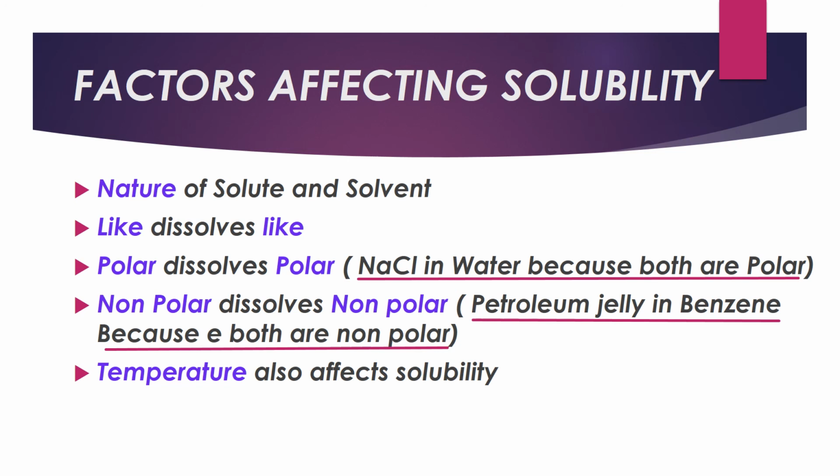Here the solvent water is polar and the solute sodium chloride is also polar, so it dissolves. It means if the solvent is polar, it dissolves only polar solutes, and non-polar dissolves non-polar.